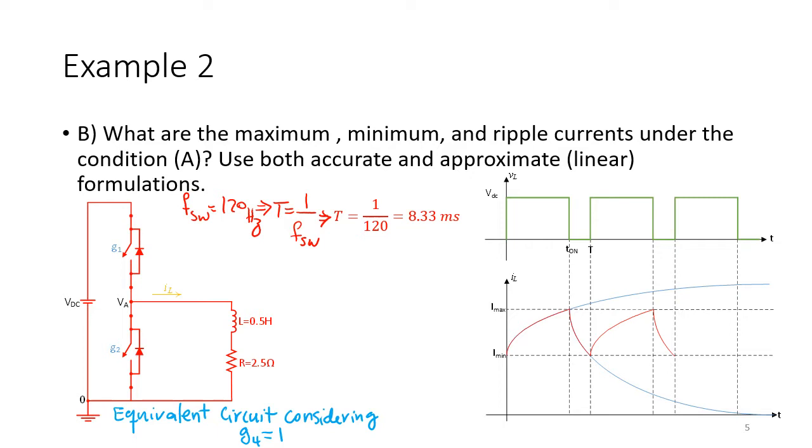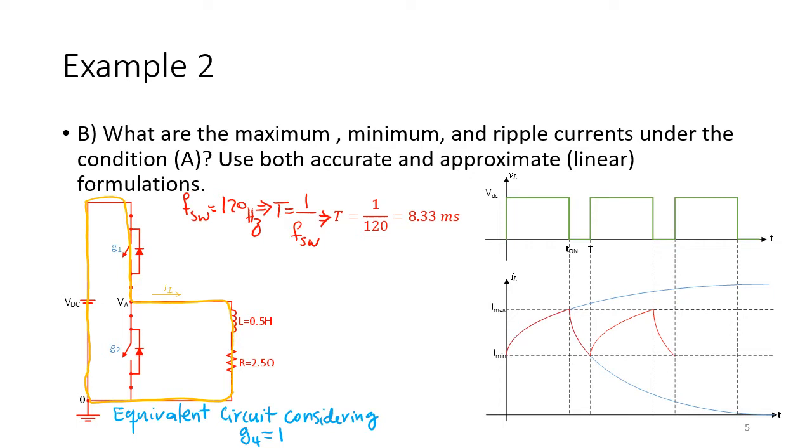When G1 is on, here is the circuit. These are power electronic switches, but you can consider them like real switches. The difference is that we can control them with electric signals. When G1 is on, it's like we have closed that switch, so the circuit shown in orange is what we have there.